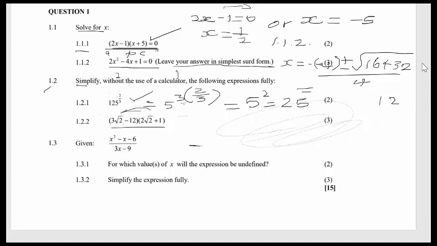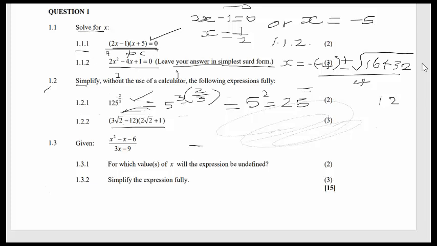So right now, for 3 square root of 2, we're going to multiply it by 2 square root of 2. That's the first thing we do. Square root of 2 times square root of 2 gives 2, because the square root and the square cancel each other out.